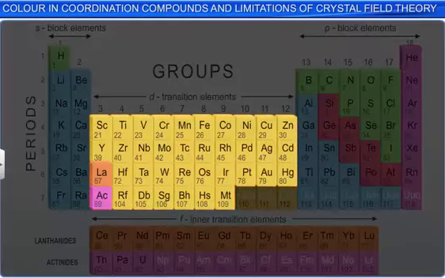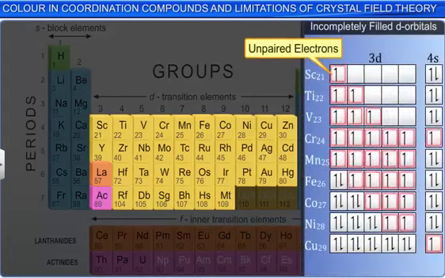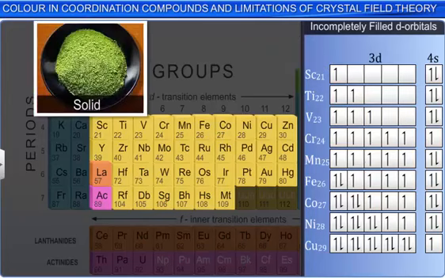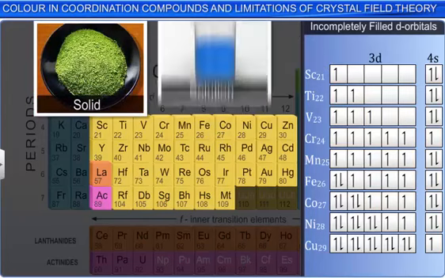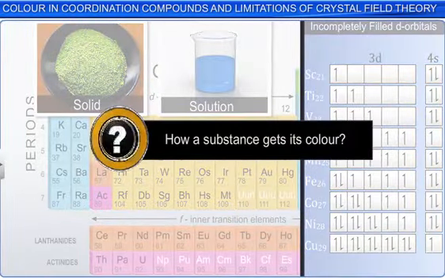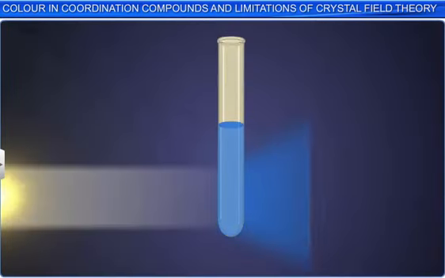Metal atoms or ions with one or more unpaired electrons and their complexes exhibit color both in their solid and solution states. Let us see how a substance gets its color. When white light passes through a substance, it absorbs some of the wavelengths.